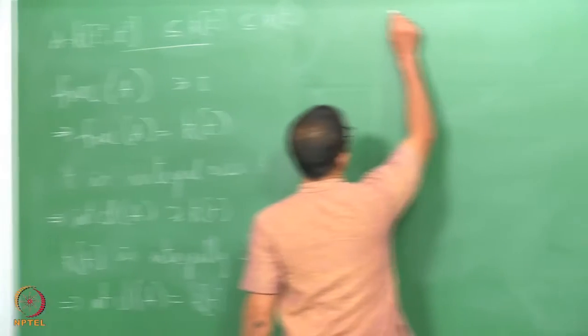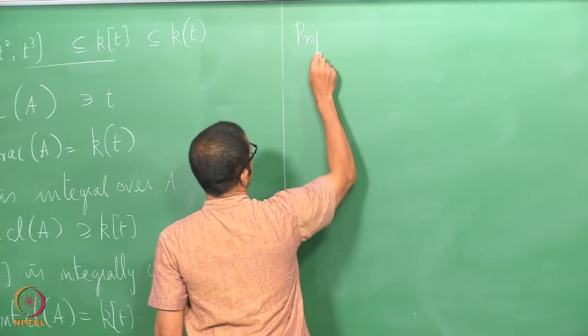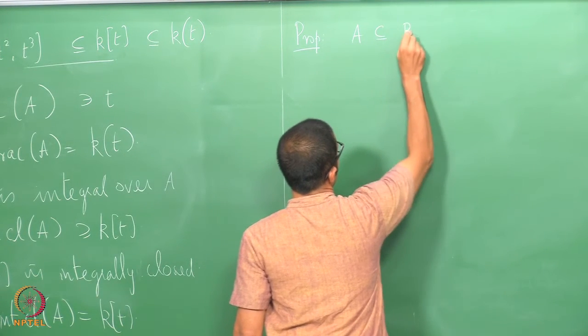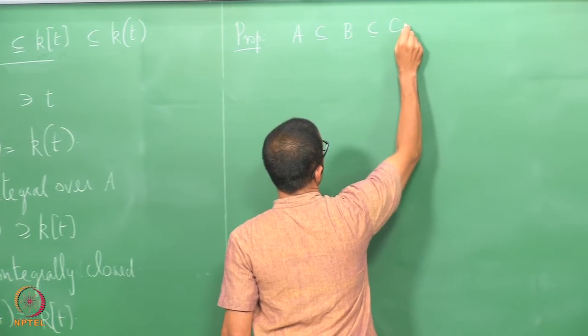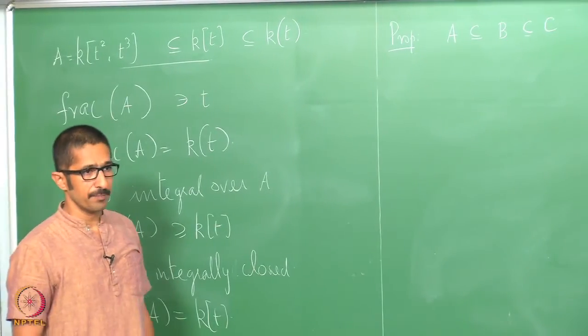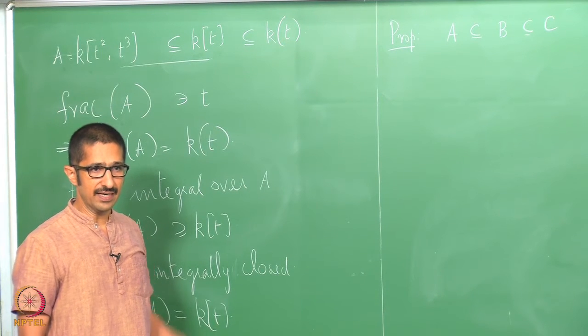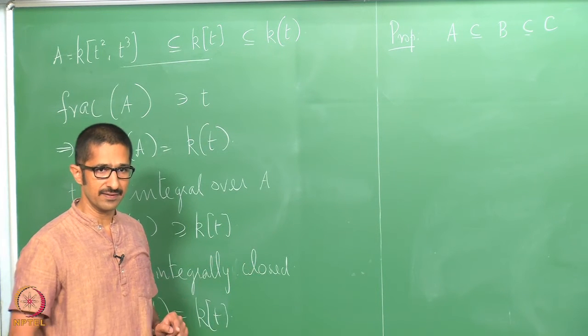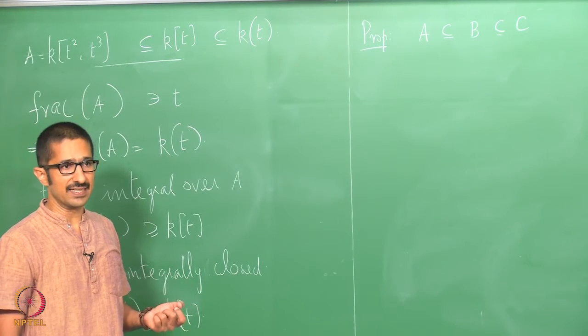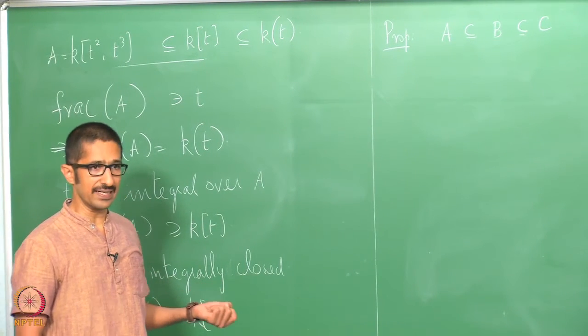Now, one can ask the following question. Suppose I have A contained in B contained in C are rings, B integral over A and C integral over B. Does that necessarily say that C is integral over A?